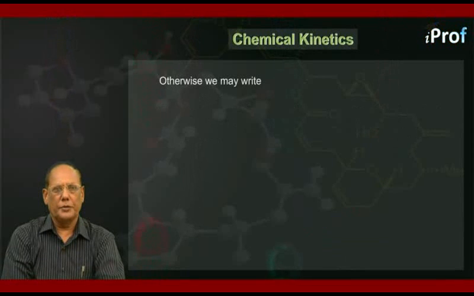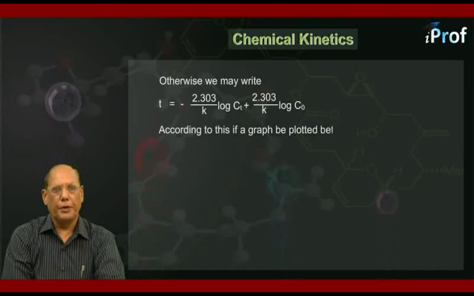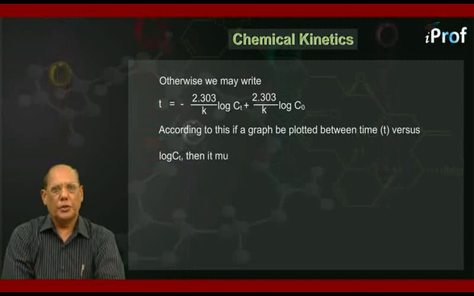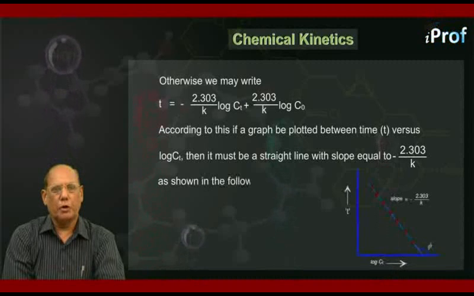Otherwise, we may write T equal to minus 2.303 upon K log of Ct plus 2.303 upon K log of C0. According to this, if a graph be plotted between time T versus log of Ct, then it must be a straight line with slope equal to minus 2.303 upon K as shown in the following figure.